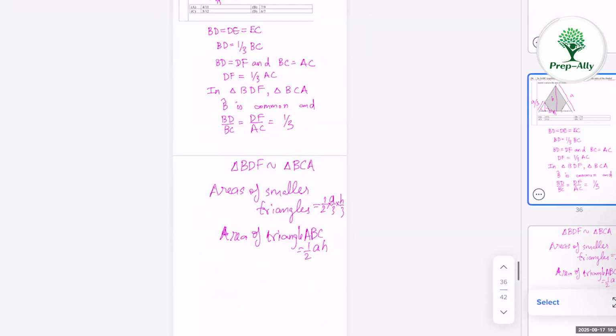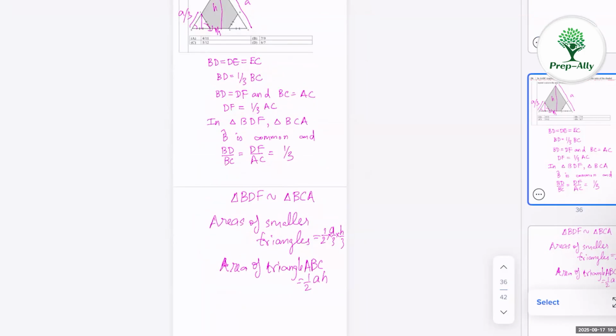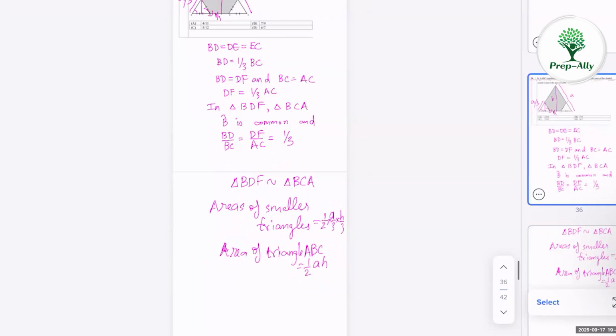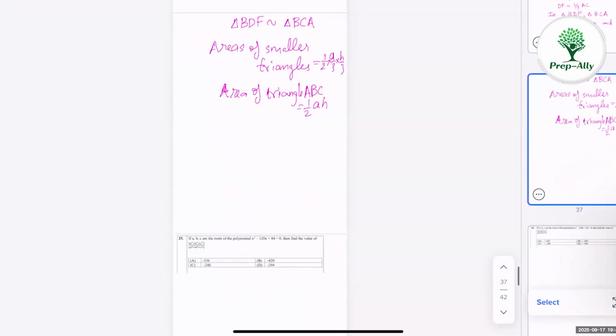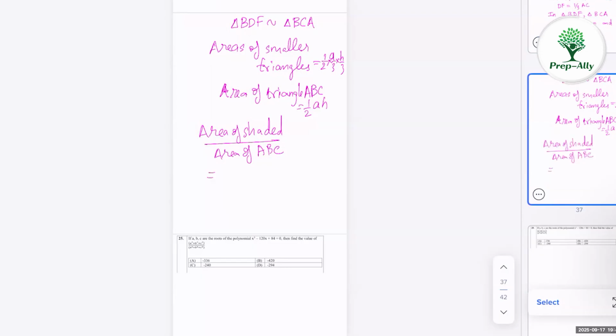So they're asking us the ratio of the shaded region to the area of triangle ABC. So area of the shaded region by area of ABC, which is equal to: area of the shaded region is area of triangle ABC, that is half AH minus, this is nothing but 1 by 18 AH, right?